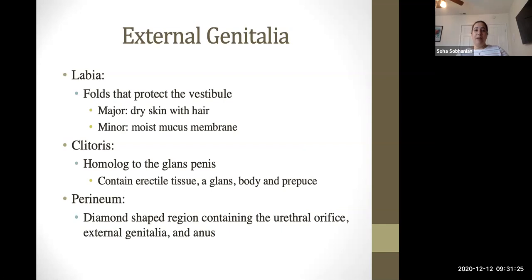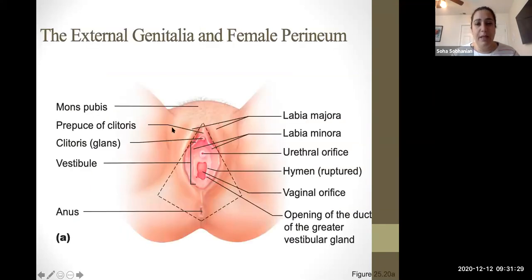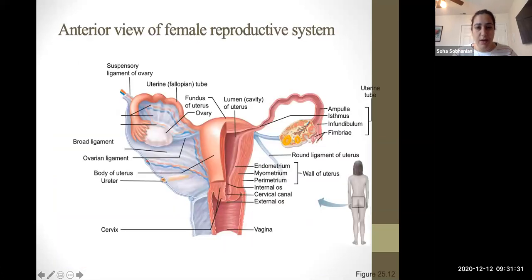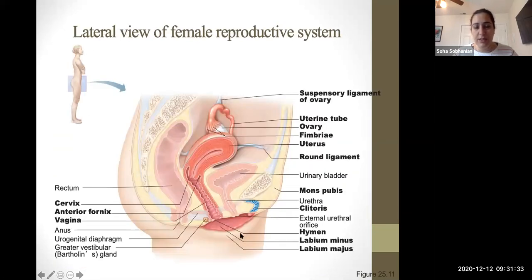So in case of the female external genitalia, we have two layers. Sorry, I'm going to move forward because it's easier to show it on this lateral view. We have the two lips. The inner lips, or labia minora, are the more vascular layer that protects the erectile tissue you see in blue right here, called the clitoris.